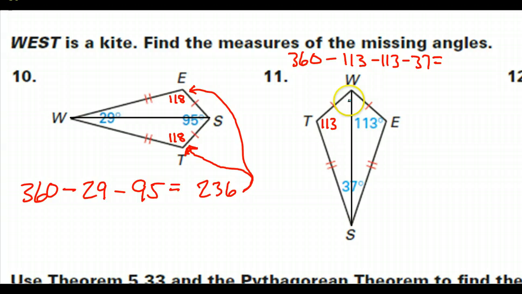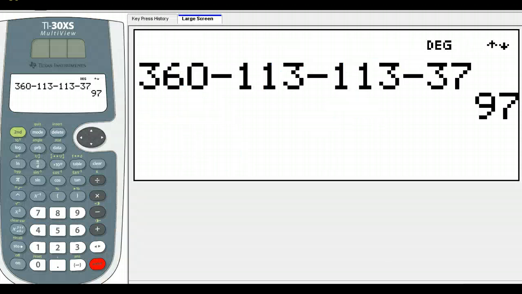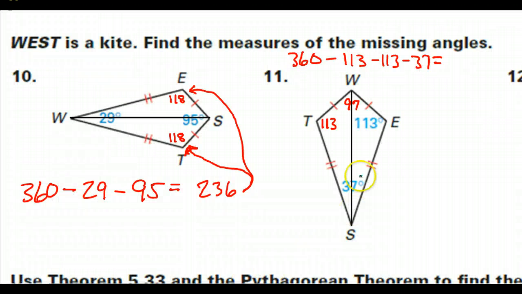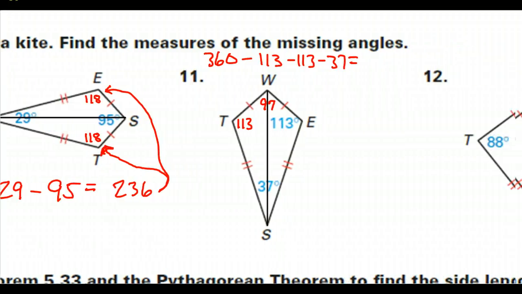There's only one angle left, so angle W is 97 degrees. So that's it for number 11.